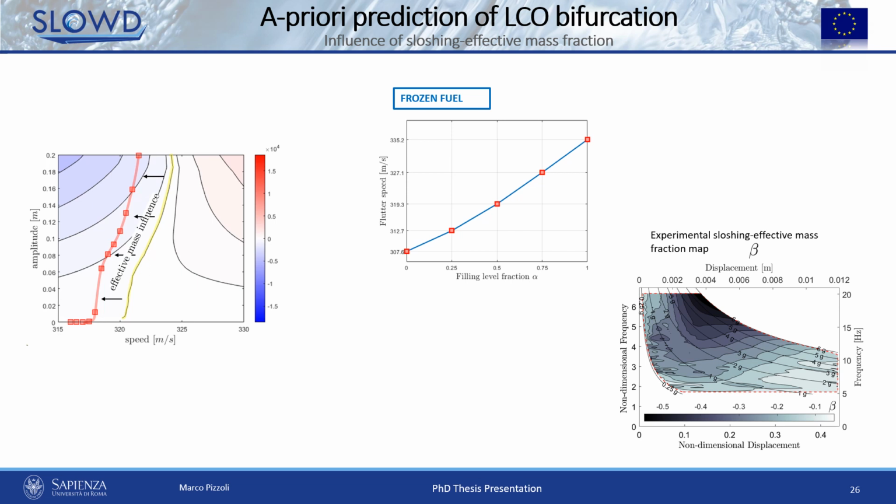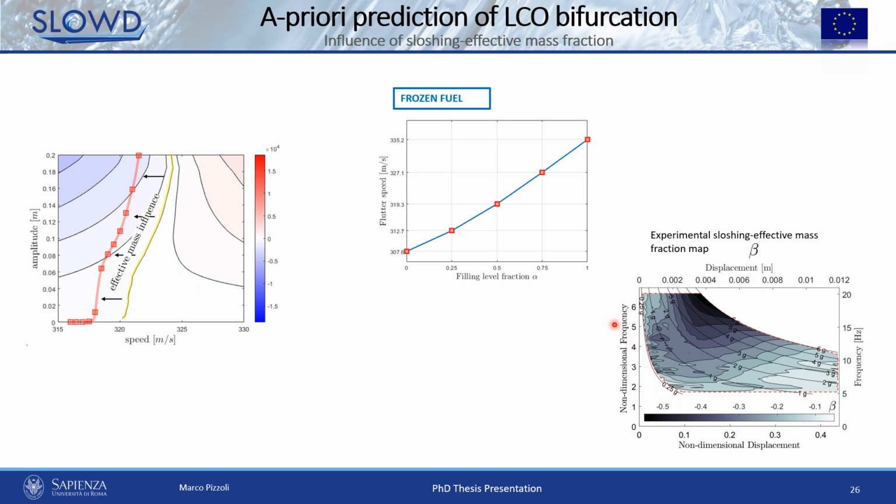In fact, here we have the flutter velocity trend as the filling level changes in the frozen case, here reported in the center, while this is the already shown experimentally characterized sloshing effective mass fraction map. So the mass fraction is denoted as beta, and here we have its distribution in amplitude and frequency.